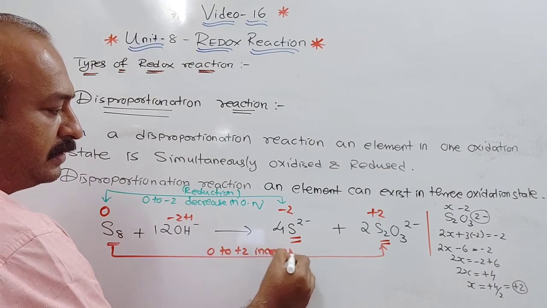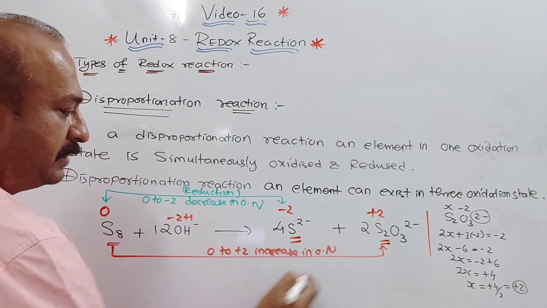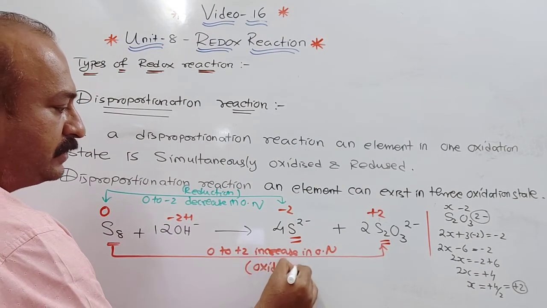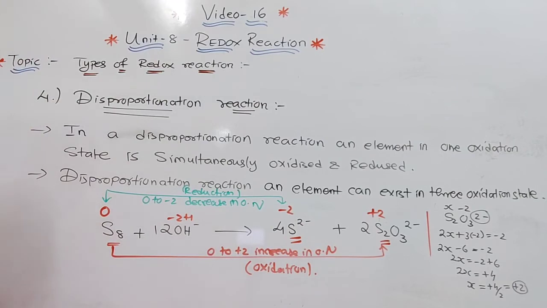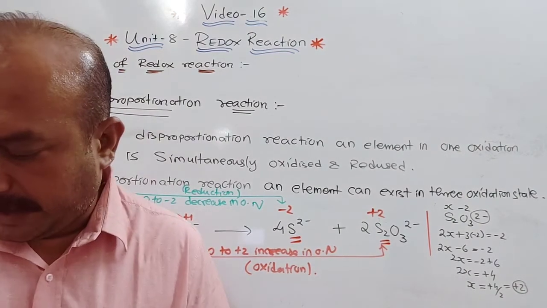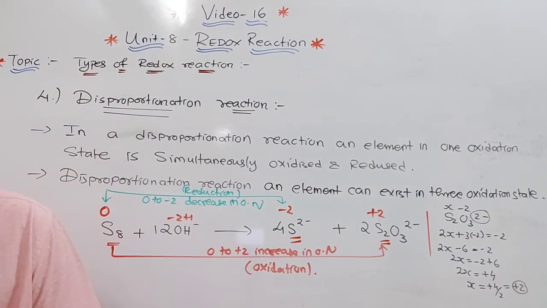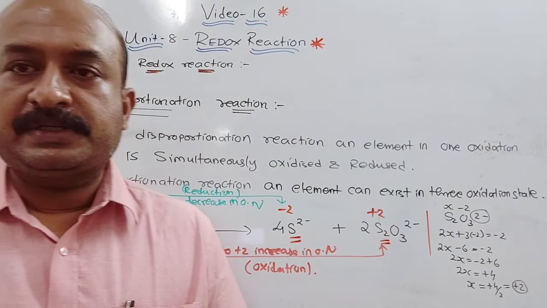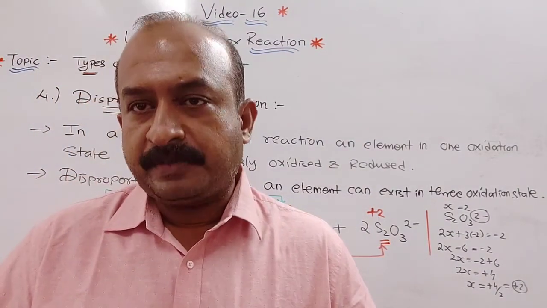Increase in oxidation number, therefore it is oxidation. So this is the type of reaction in which the same element gets oxidized and reduced, and we call it a disproportionation reaction. Here we come to an end of disproportionation reaction and all types of displacement reaction.